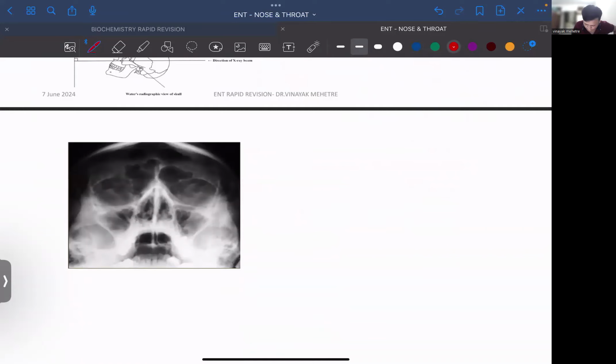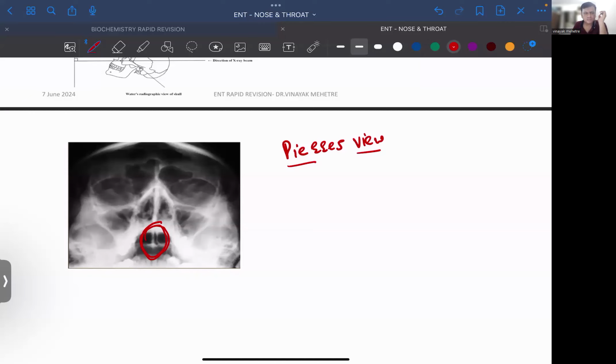If you are seeing a straight line in the mouth, okay, if you are seeing a straight line in the mouth, that is Perez view.